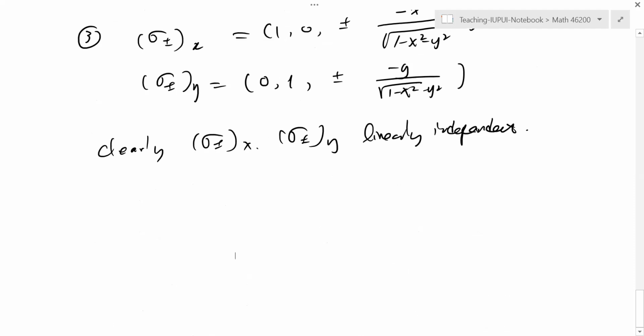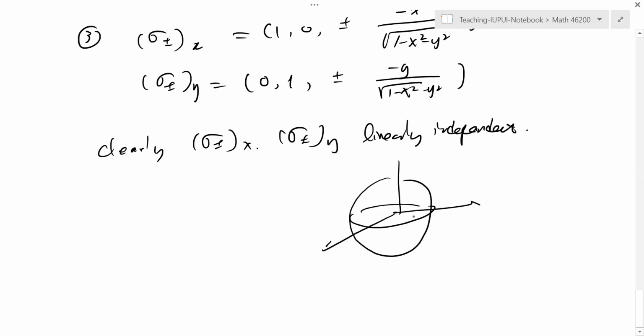Now can you cover the whole sphere using how many of them? You can use 6, I think: 2 times 3, 6 pairs. Then every point is covered. Right now, you only cover the upper hemisphere and the lower hemisphere.